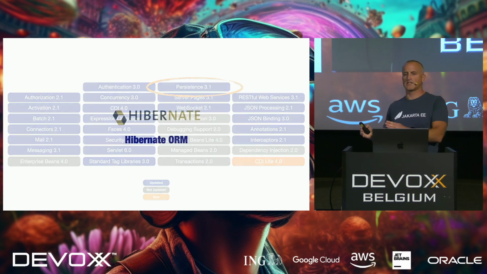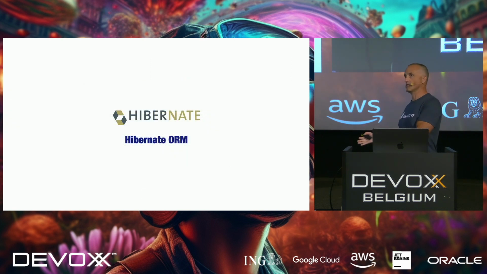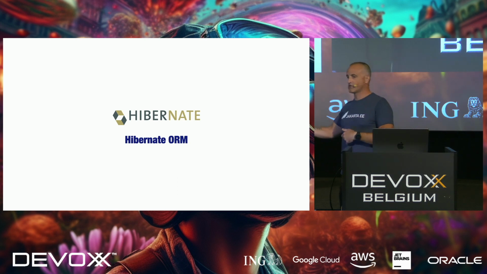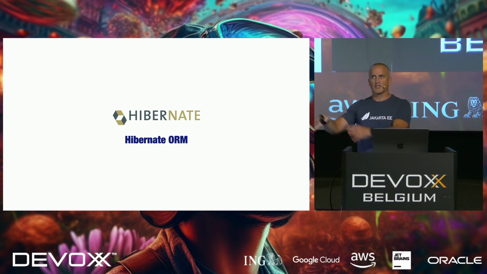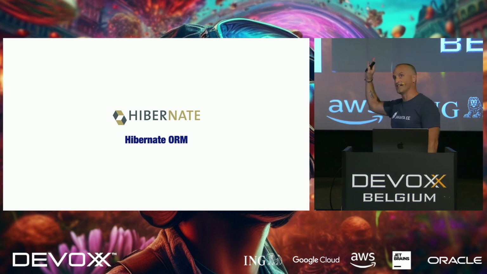You probably use Hibernate in Spring, don't you? So when you do Spring Data or some persistence, you're probably using Hibernate ORM as your persistence mechanism. So in fact, even though you raised your hand as a Spring developer here, you're using Jakarta technologies for your data. So you could have raised your hand as a Jakarta developer as well. So next time I ask, you have to raise your hand.